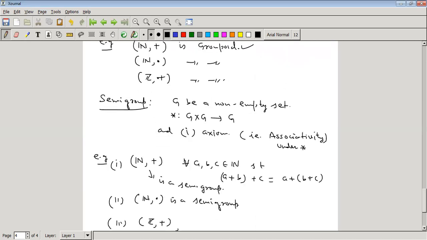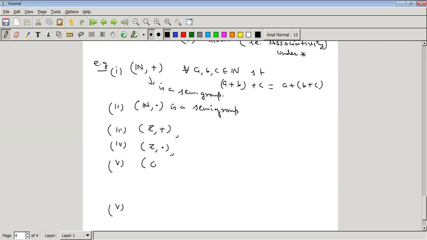Similarly, set of rational numbers with addition, set of rational numbers with multiplication. Right? So think about these.